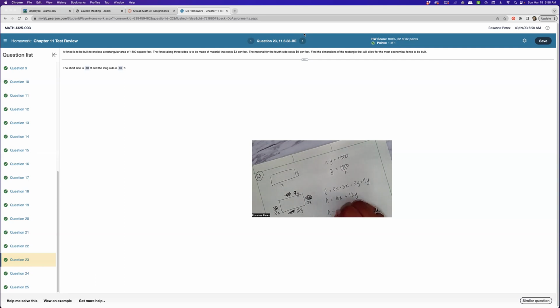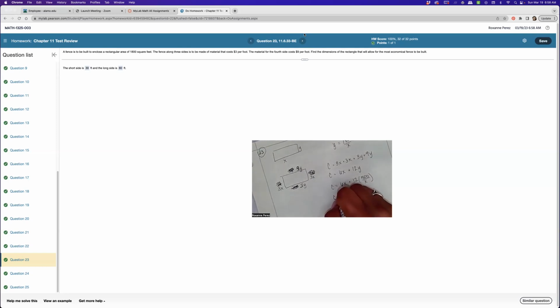So c equals 6x plus 12 times 1800 over x. So c equals 6x plus 21,600 over x. Now I want to minimize this cost, so I'm going to take the first derivative.